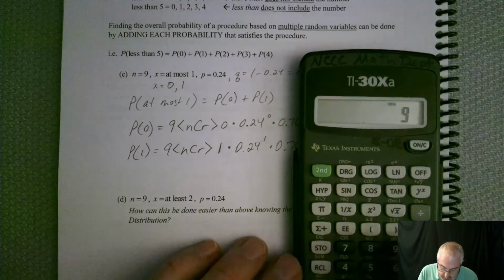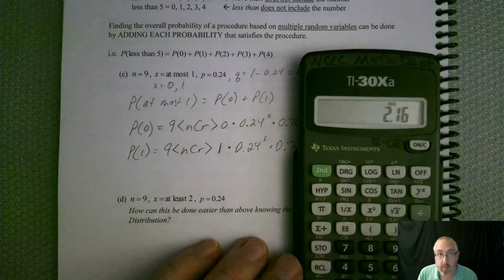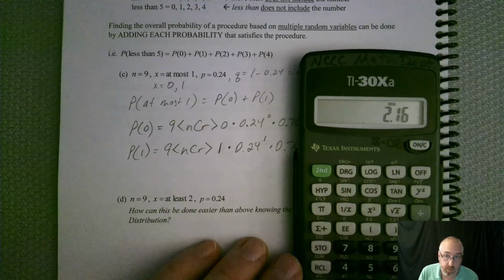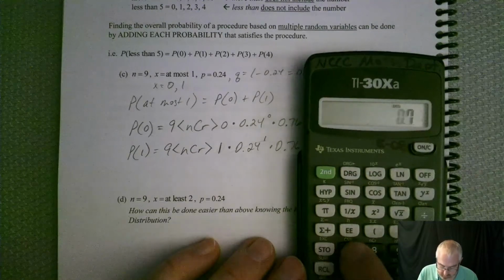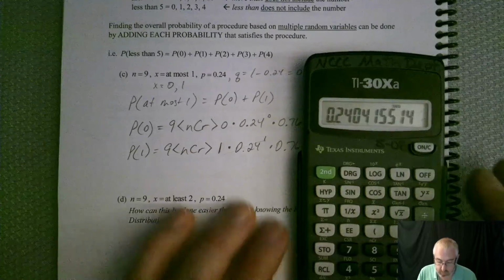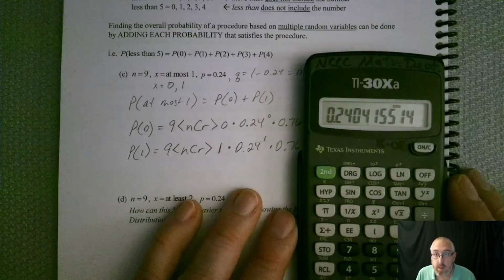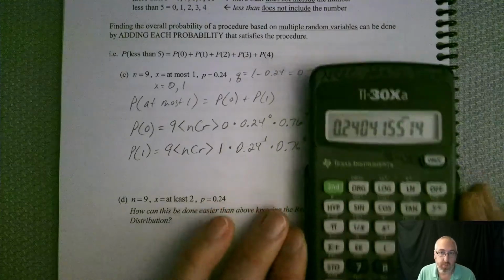So 9 nCr 1 equals 9 times 0.24 raised to the first power, which is 0.24. So 0.24 times 9 is this, times 0.76 raised to the 8th equals 0.2404. So if we round it to 3 places, 0.240.